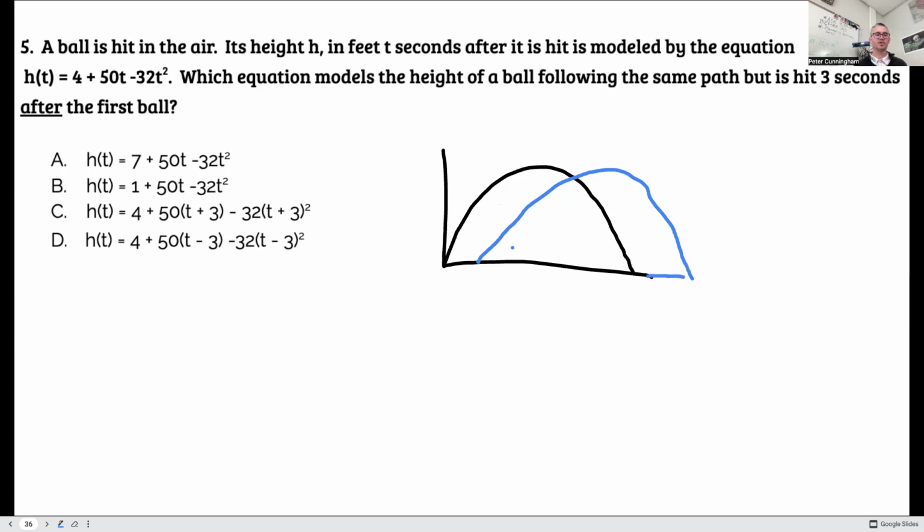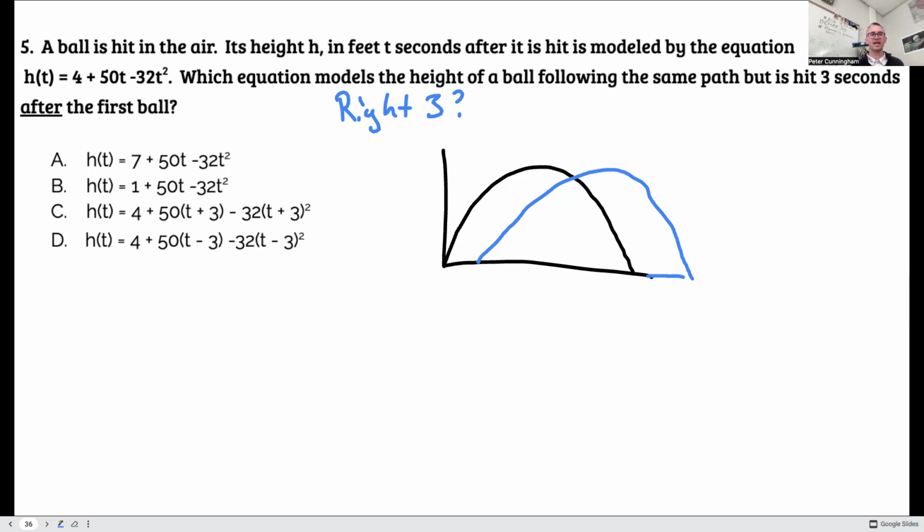So how would we accomplish that? Well, how do we go to the right by 3? That's the question. Okay. We go inside or outside along the x-axis? Inside or outside the parentheses, usually. Inside, right?